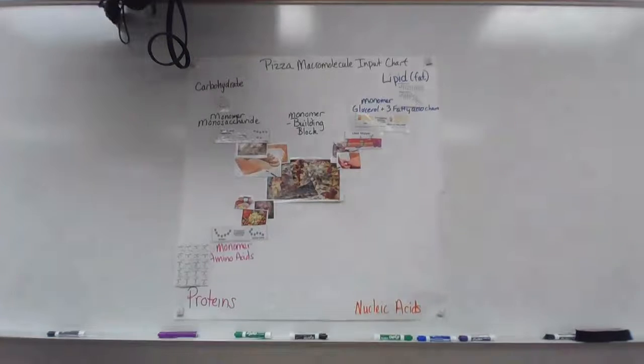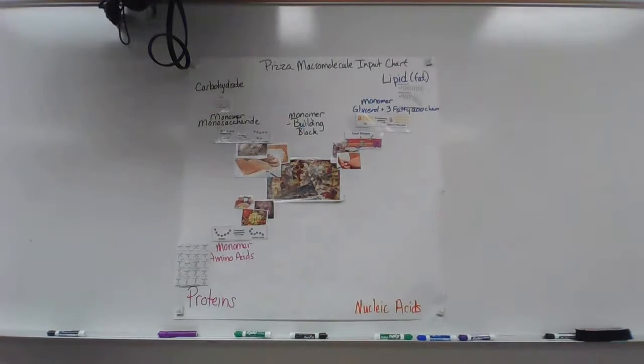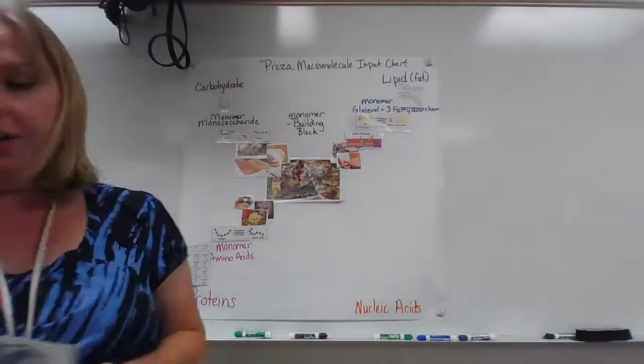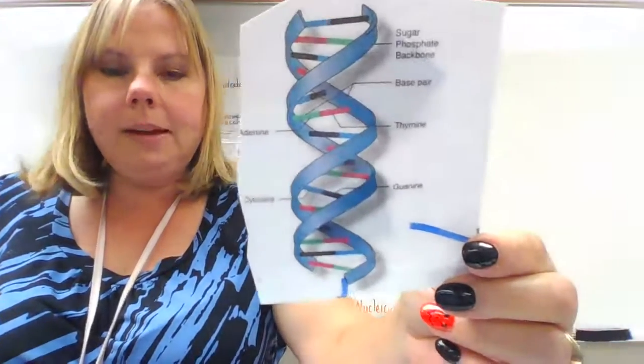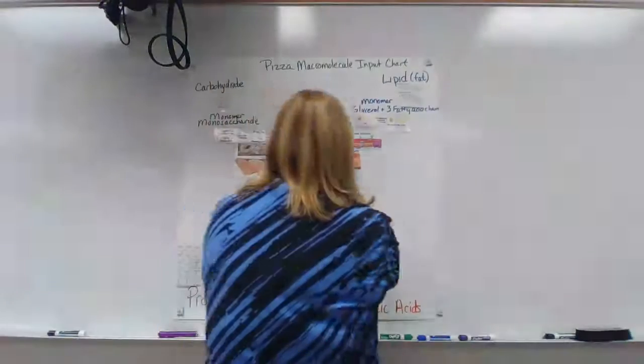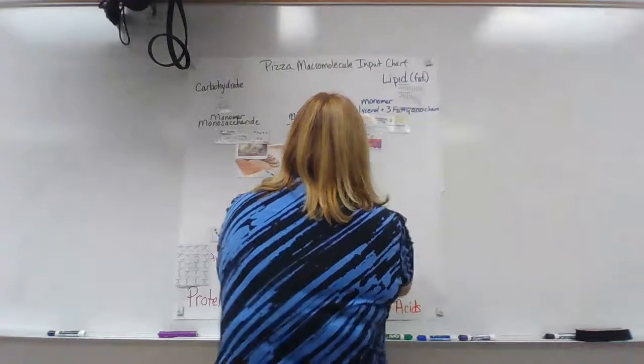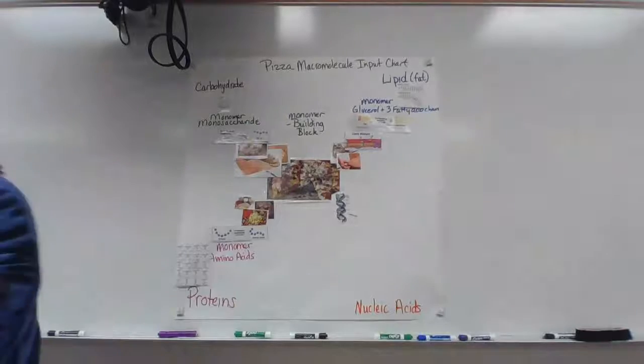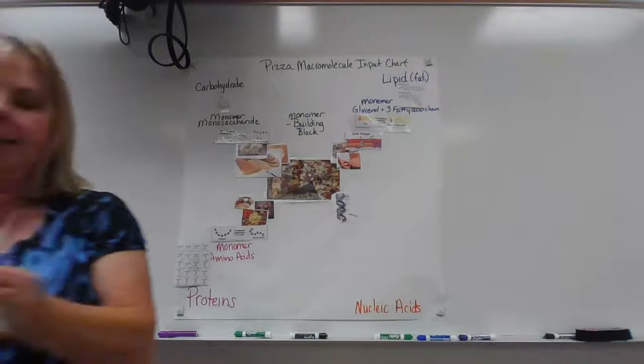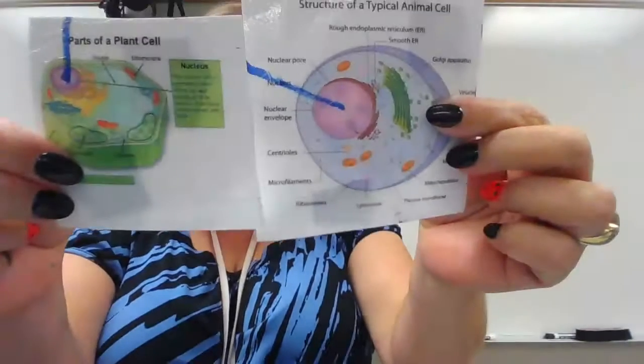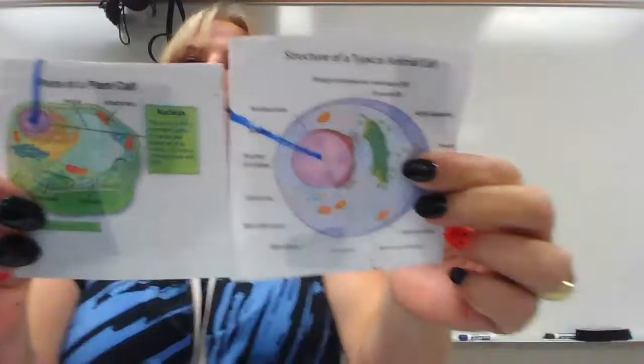And let's talk about why. Because nucleic acids are DNA, and DNA is, in fact, my most favorite molecule. And we're going to talk about that in a minute. And where you would find DNA would be in the middle, in the nucleus of plant and animal cells.